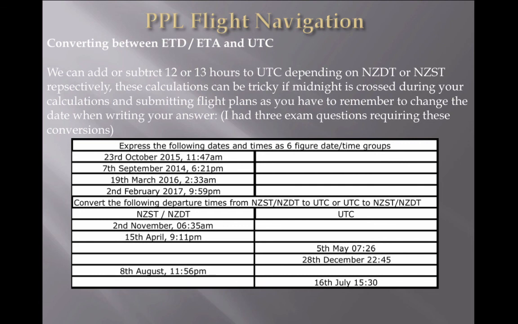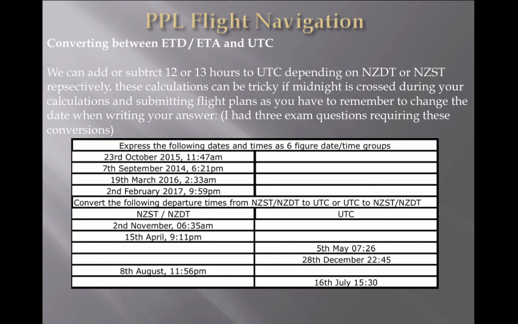Pause the video, do your calculations of 12 or 13 hours ahead, but remember, check the date as well. So 12 hours ahead on, say, the first one here, 23rd of October, 11:47.